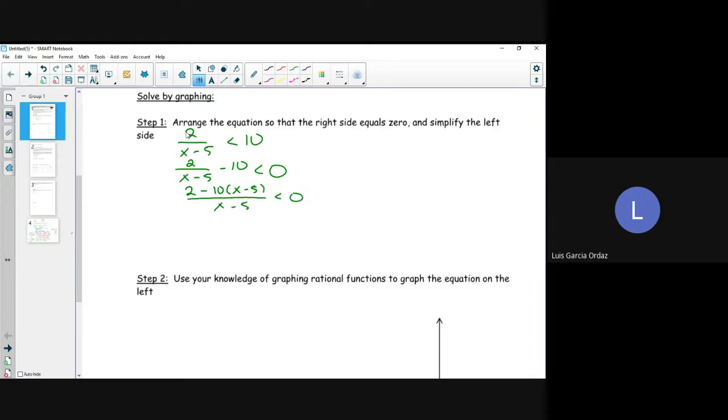Then we're going to distribute the 10 into the bracket, so you get 2 minus 10x plus 50 over x minus 5 is less than 0. And when we simplify that even further, we get negative 10x plus 52 over x minus 5 is less than 0.